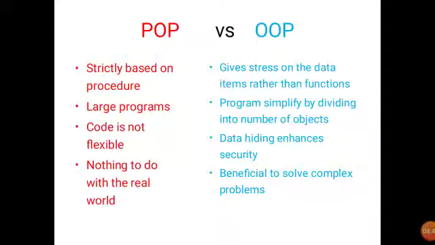Code is not flexible in procedure oriented. If we want to do any change in a particular part, the whole program will be affected. Whereas in object oriented, it is very simple. Data hiding enhances the security.